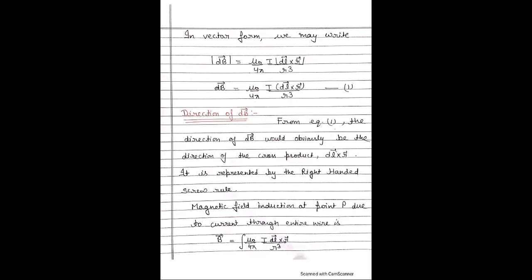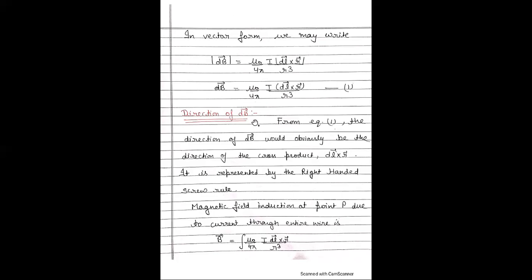Now in vector form we may write this equation: dB equals mu naught upon 4 pi I dl cross r unit vector upon r square. Here we use the unit vector r, and the value of the unit vector r is equal to the r vector upon its modulus. Therefore, the final result is mu naught upon 4 pi I dl cross r vector upon r cube in vector form.